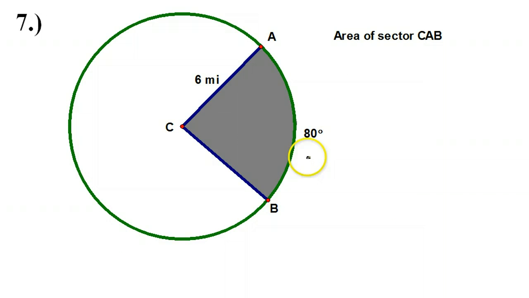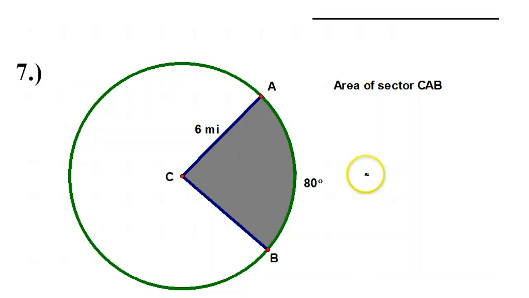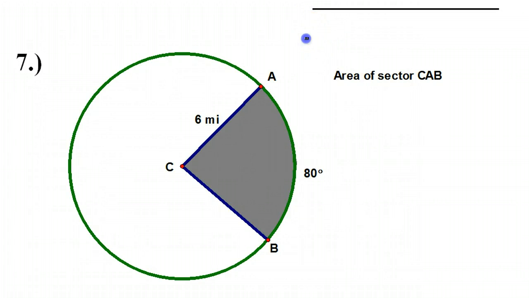Alright, so for number 7, we are finding the area of sector CAB. So it's this shaded sector right here. So again, when you're finding a portion of a circle, whether it's sector area or arc length, that's when you need to be thinking part over whole equals part over whole.